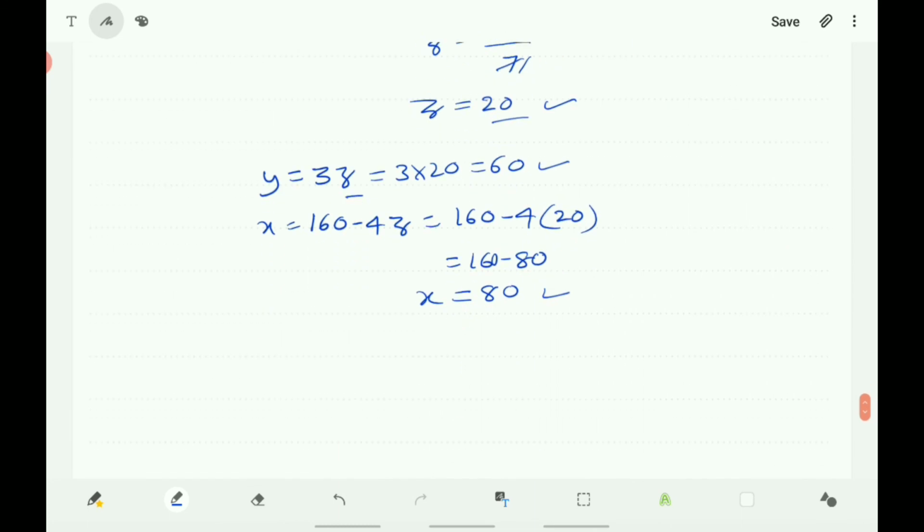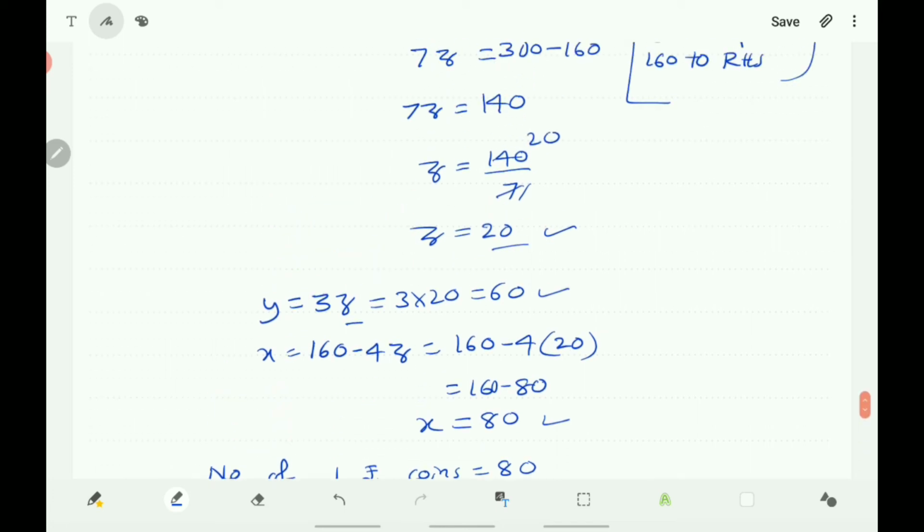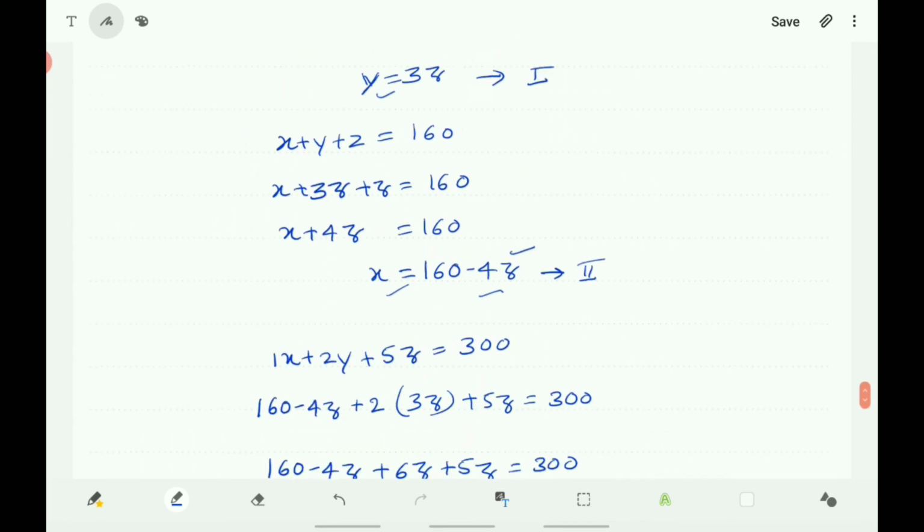Here, the number of 1 rupee coins equals x, that is 80. Then the number of 2 rupee coins is y.